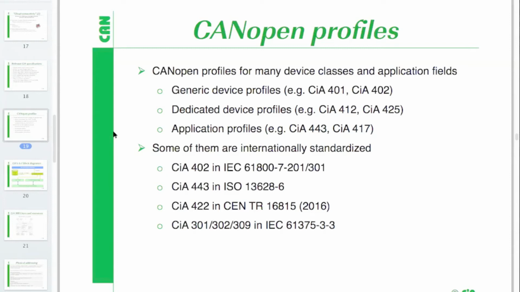For most of those, you have to be a CAN in Automation member to access the specification, design them, or embed those data into your gateway application, so you can directly access the data and know which data you access on the CANopen embedded network and which data you would like to submit over the cloud to the end user.